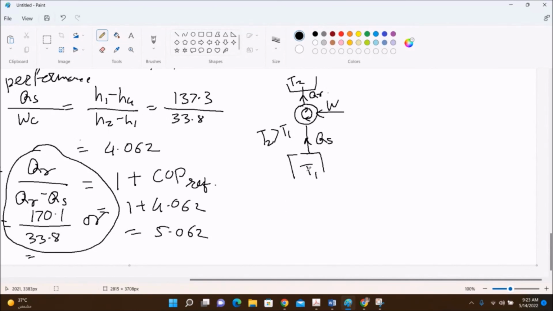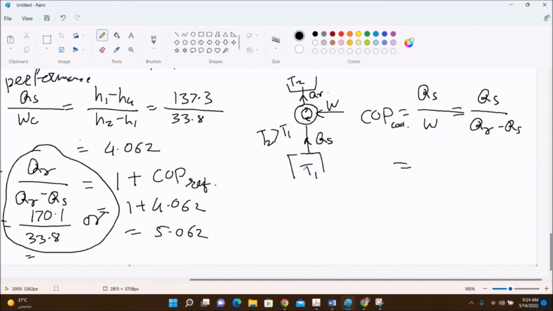I want to make the temperature cool, so I need to pump this. So what is the formula for this? COP of Carnot cycle for cooling. What is the desired output? QS by W. What is W? QS by QR minus QS.